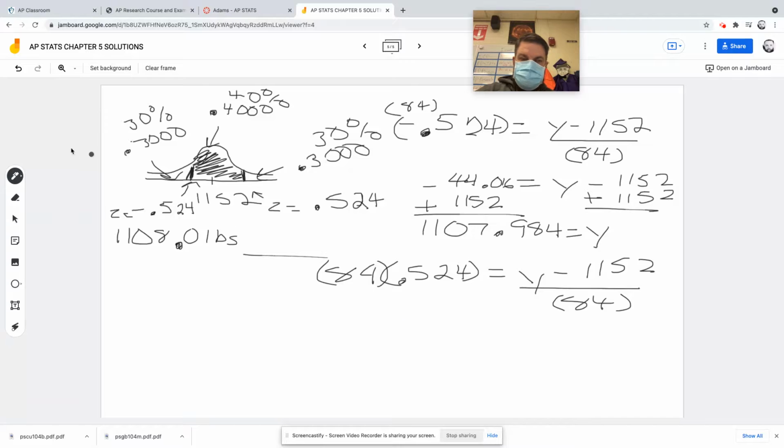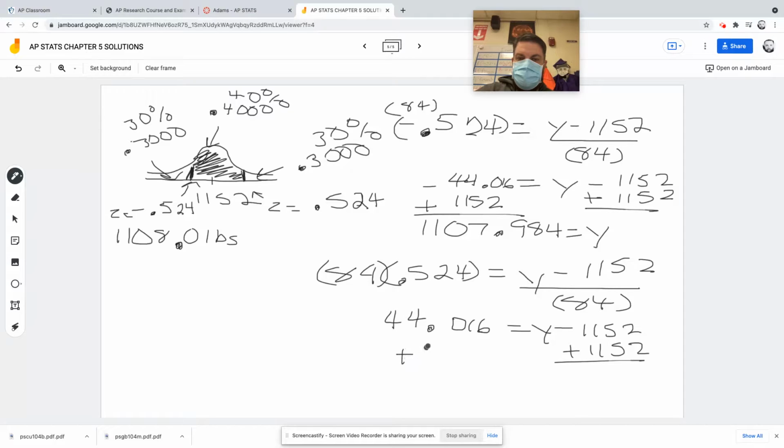Yep. Double checking my work. So this is going to be a positive 44.016 is equal to y minus 1152. I'm going to add 1152 to both sides.